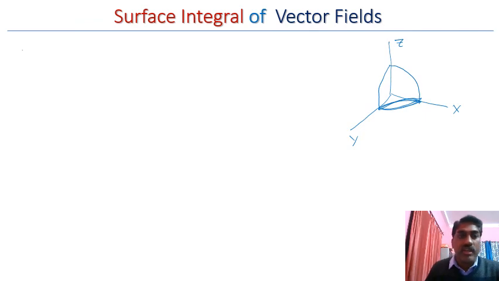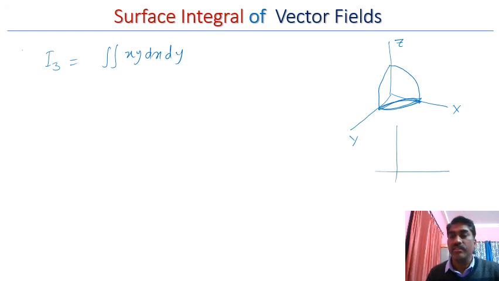Because I3 is xy dx dy, it does not involve z, meaning we need to find the limits on the xy plane. We have already discussed that on the xy plane there is just a circle, x square plus y square equal to a square.